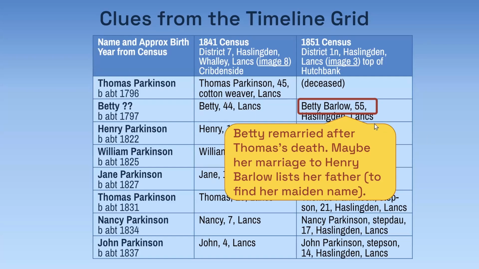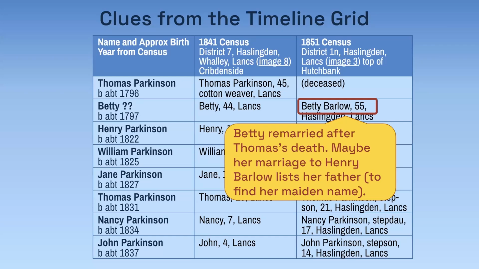But since Betty was married to Thomas in 41, and then he died, and she was married to Henry by 51, the record of her marriage to Henry Barlow is going to be the later version that often did list the parents. It would help us know her maiden name because it would list her father.